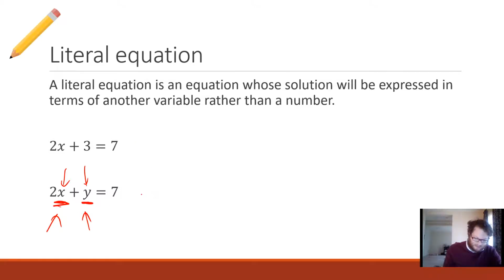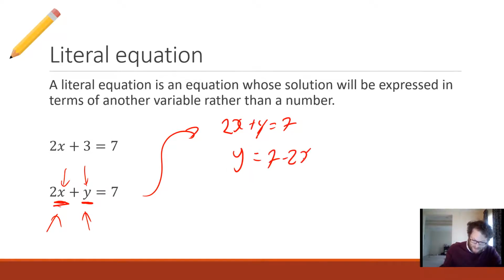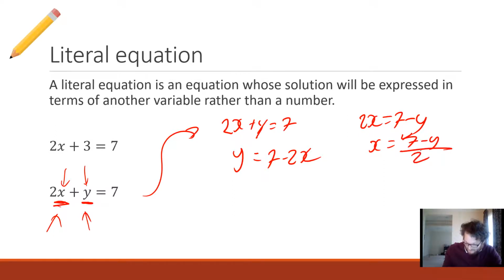So for example, 2x plus y equals 7. We could get y equals 7 minus 2x. Or we could put it in terms of x if we wanted to: 2x equals 7 minus y, so x equals (7 minus y) divided by 2.